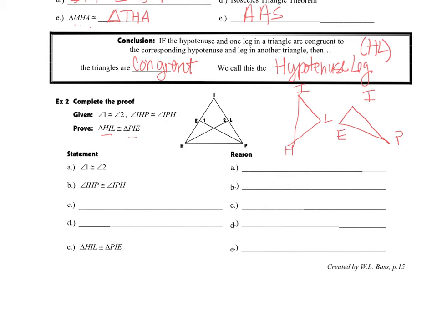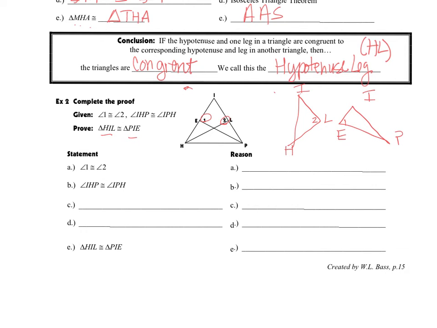And as we go through, we're going to try to see where we need to do our markings. We might need to do them here on the overlapping or here on our triangles that are broken apart. The other thing I want to put in is that right here is going to be angle 2, and right here is going to be angle 1, so that we have that information in there.